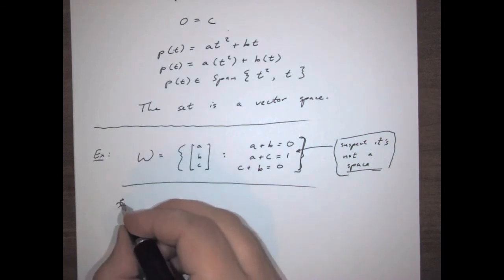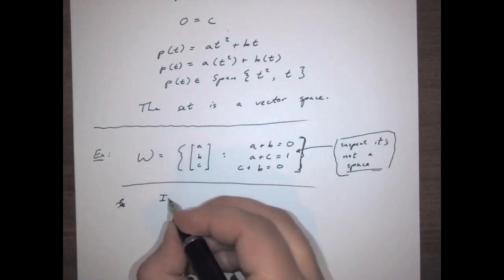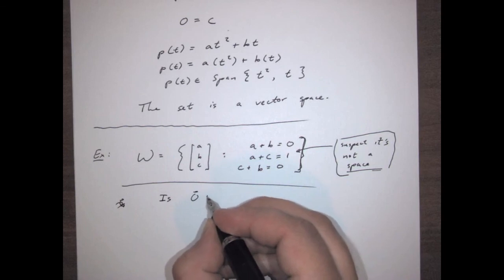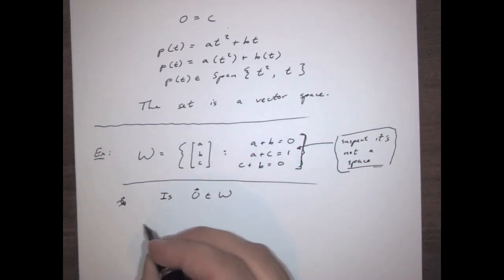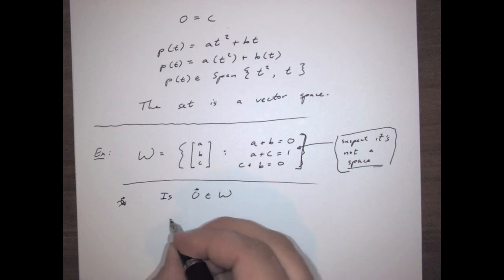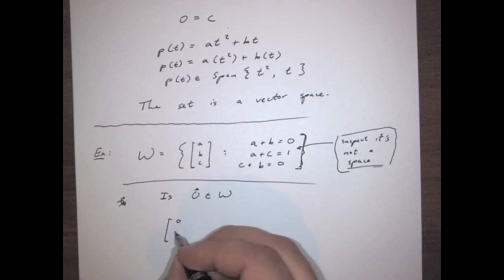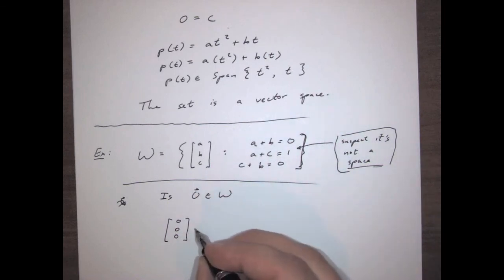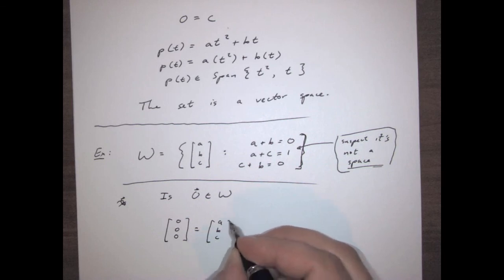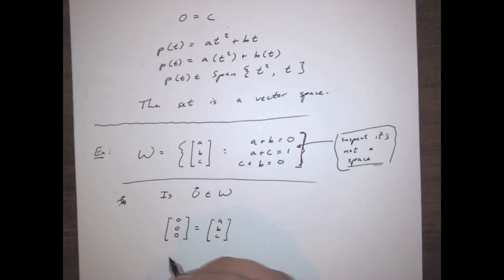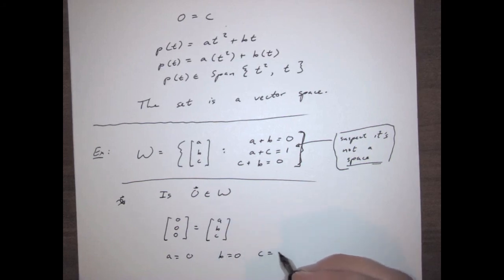So let's ask ourselves, is 0 in W? Always go for that first. That's usually the easiest thing. So 0, 0, 0. So that means that A equals 0, B equals 0, and C equals 0.